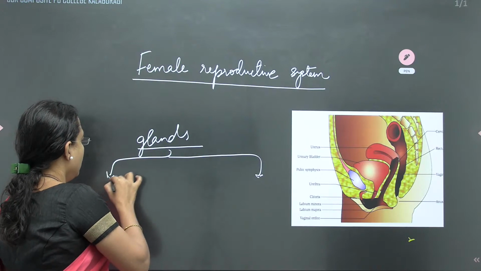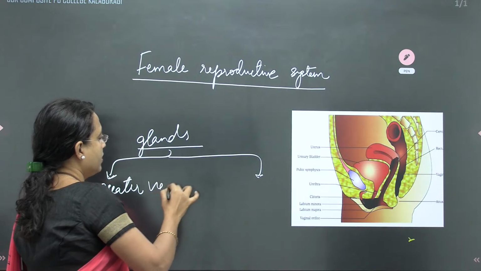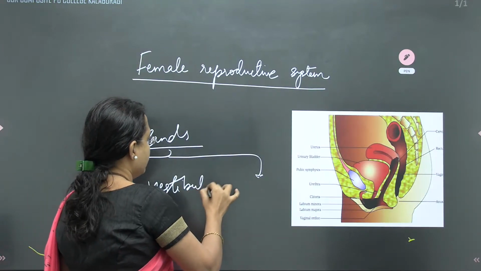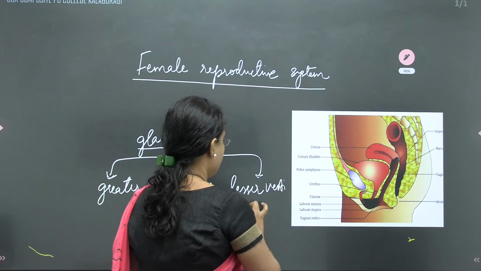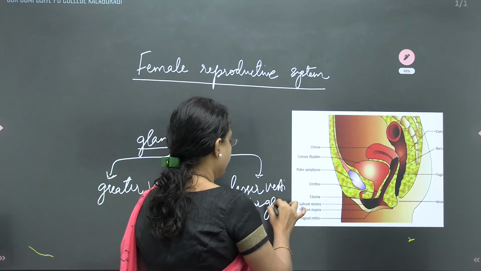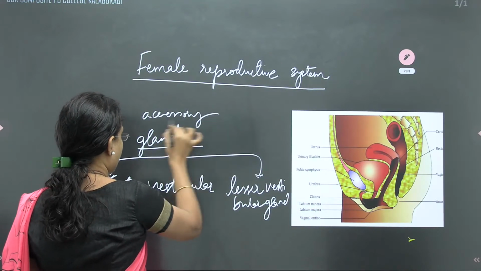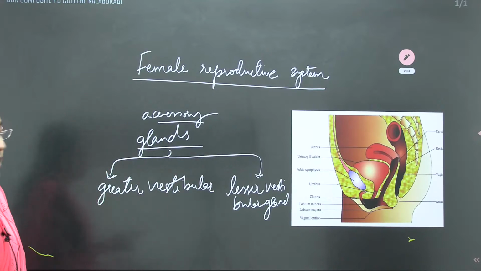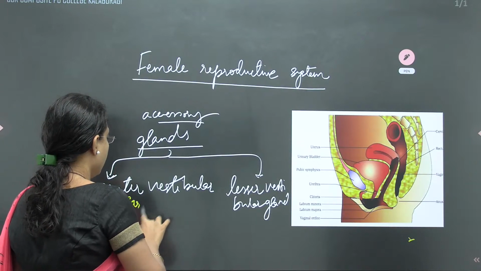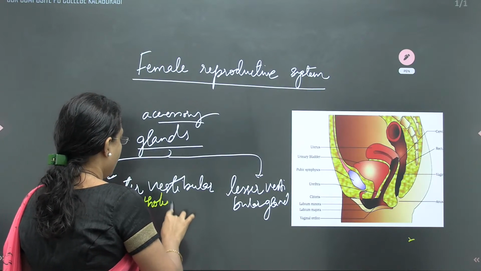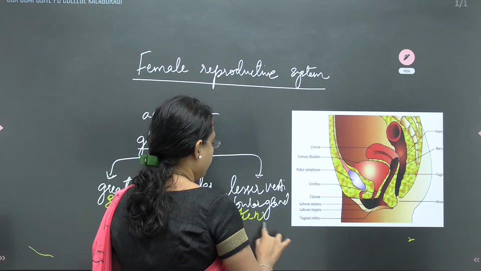So here, there will be the greater vestibular gland, and one more is the lesser vestibular gland. These two are actually accessory glands. The greater vestibular gland will be the Bartholin gland, and the lesser will be the Skene gland.